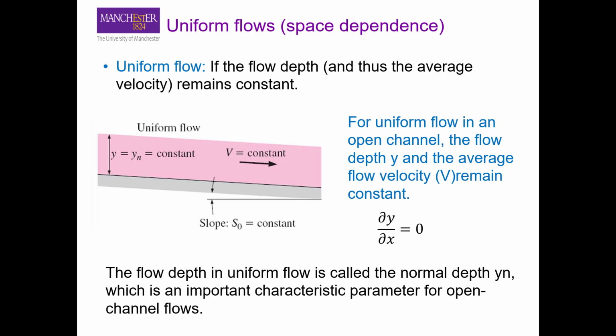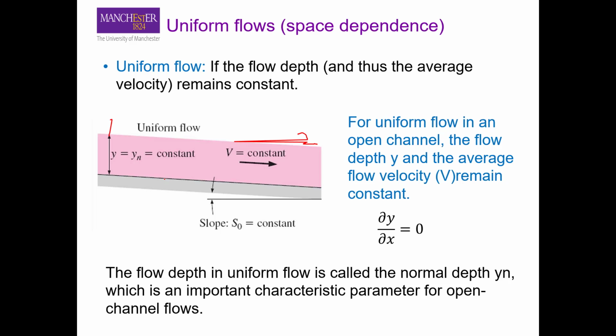So in addition to laminar and turbulent flows, you can also have other types of flow that are called uniform flows. Okay, so uniform flows are those where the flow depth remains constant, which means that your velocity, for example, from point 1 to point 2 remains constant; we call it a uniform flow.